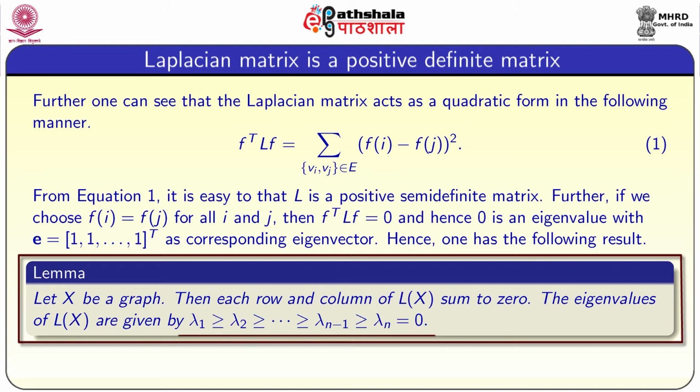Not only that, because L is a positive semi definite matrix, 0 is the smallest eigenvalue, all other eigenvalues are greater than or equal to 0. So, we have this.